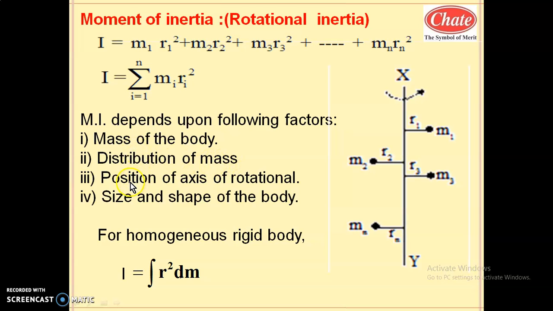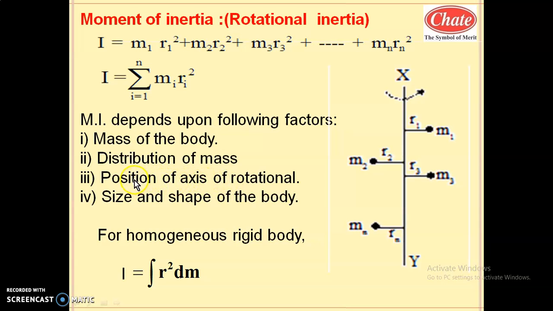Also, moment of inertia depends upon the position of the axis of rotation. How it depends on the position of the axis, we are going to study in the theorem of parallel axis, that is Io equal to Ic plus m h square. As the distance from the center of mass increases, the moment of inertia about that axis increases.